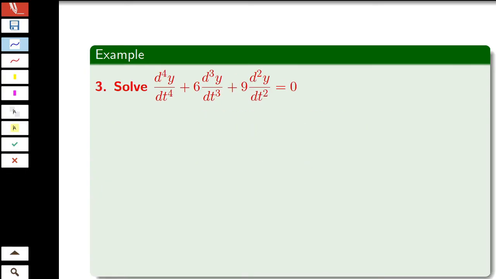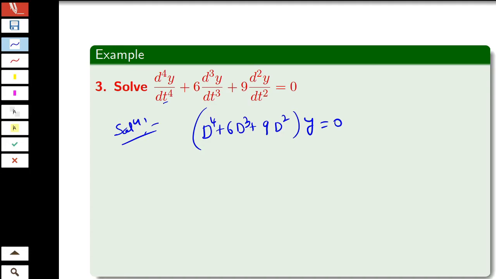Come to example 3. Solution. Try to write in operator form: D power 4 plus 6 D cube plus 9 D square into y is equal to 0. Here the independent variable is t, the dependent variable is y. What is f of D?